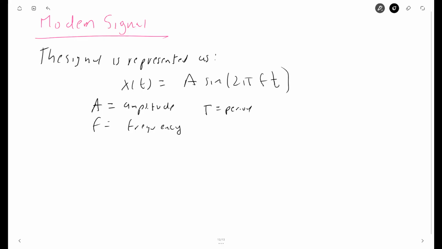So one question when you're talking about a modem signal is, what would be the smallest transmission period?